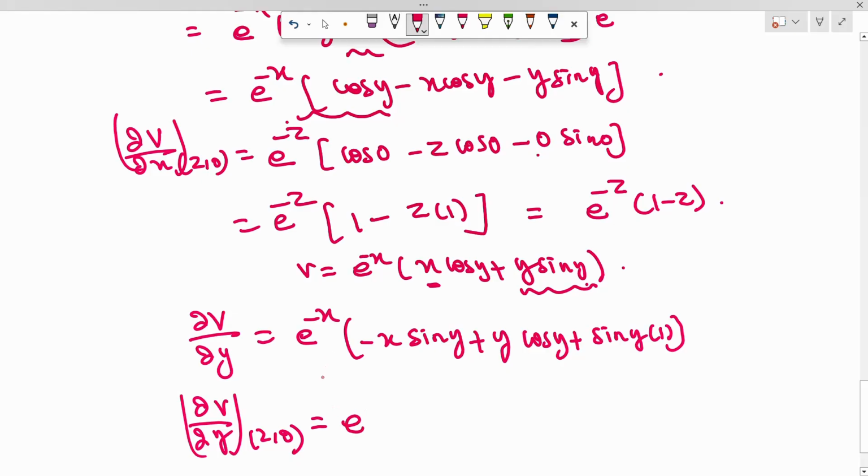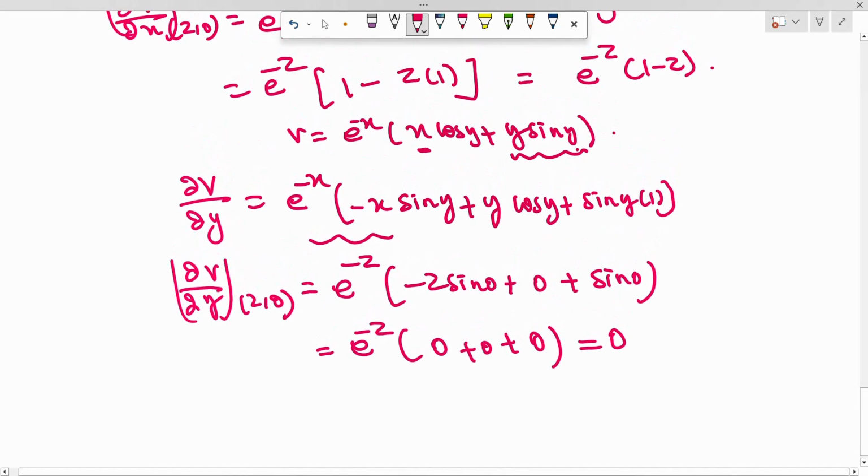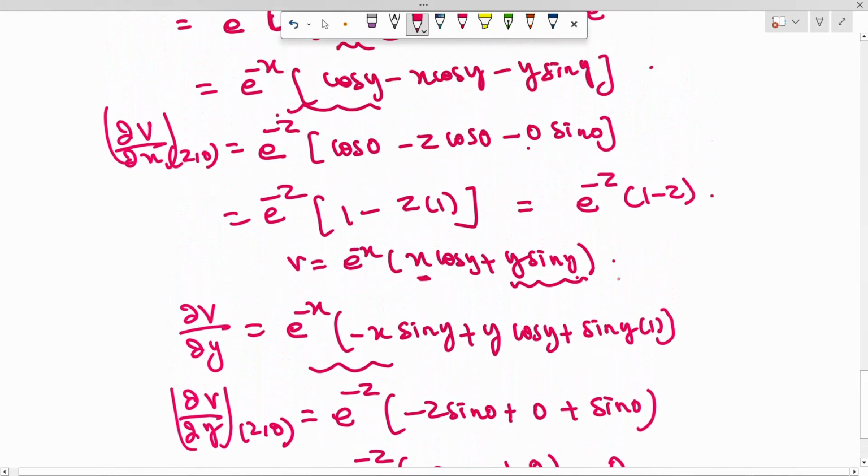Substitute x equal to z and y equal to 0: e power minus z into minus z sin 0 plus 0 plus sin 0. Sin 0 is 0, so we get 0. Dou v by dou y value is 0.